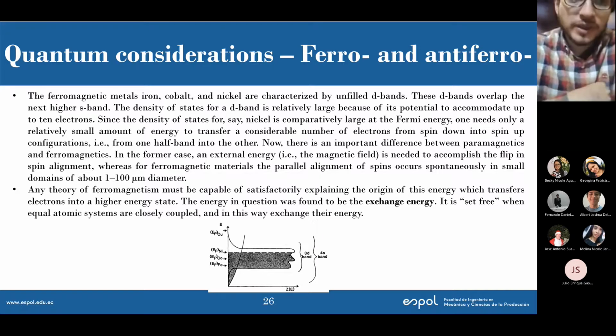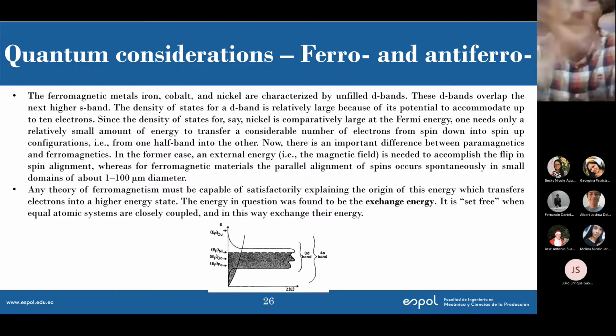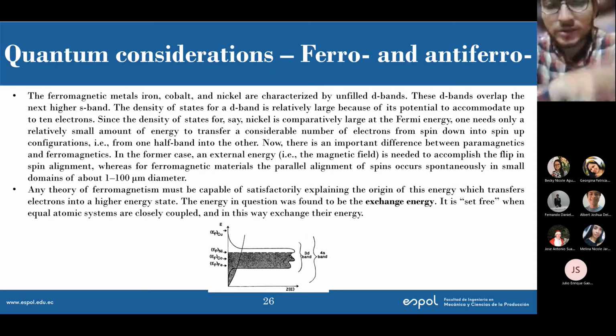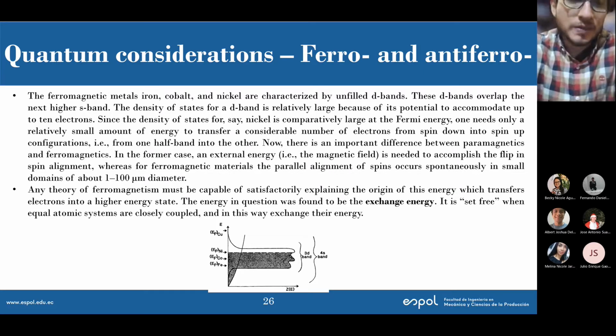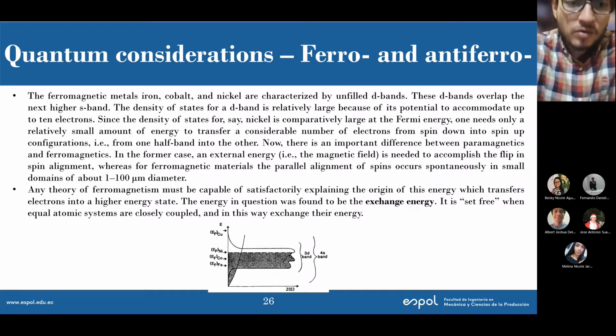Now let's go with ferro and antiferro comparison, and again putting concepts of quantum mechanics there so we can understand why materials behave in a certain way. So if you remember, iron, cobalt, nickel, all those metals have unfilled bands, right?